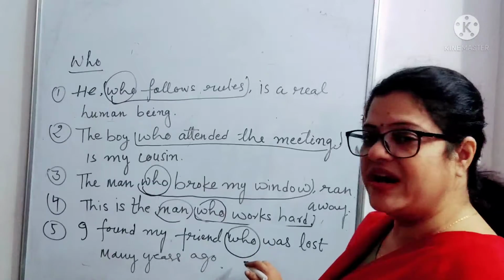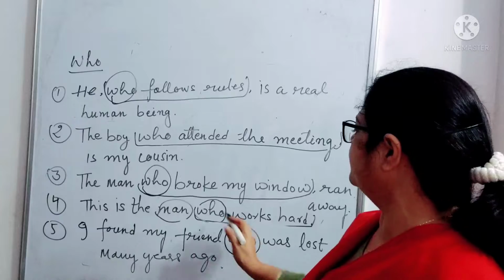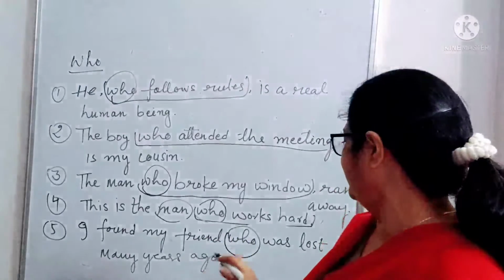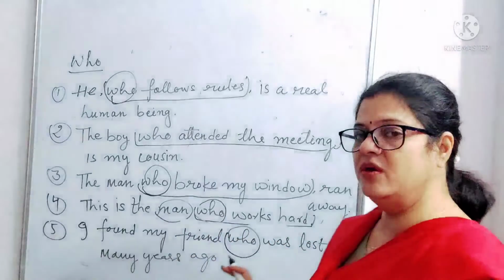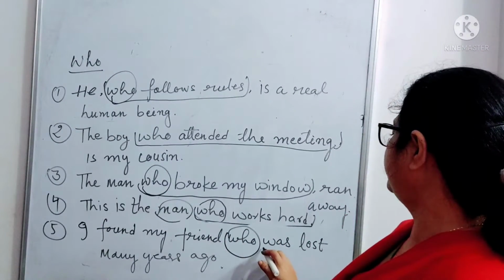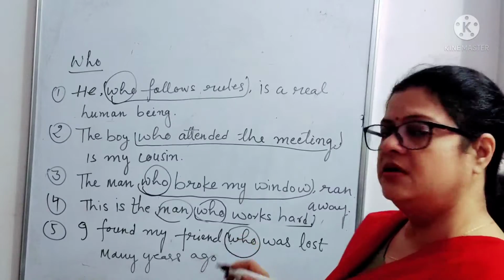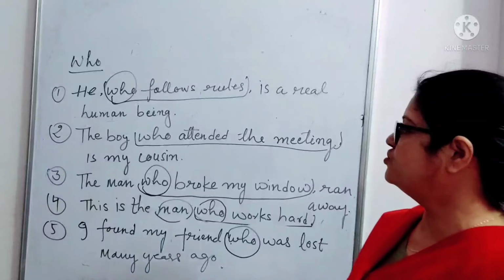Here this is the relative pronoun "who," which is telling about this noun, friend, who was lost many years ago. So totally this is making a whole complex sentence, and this adjective clause is starting from this relative pronoun "who." I hope you understood about it.